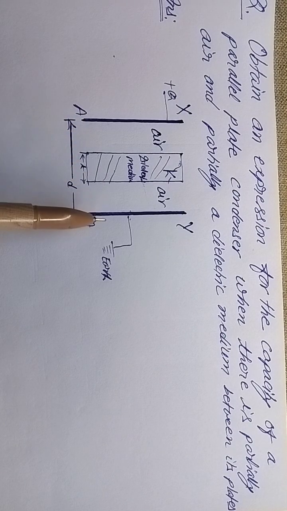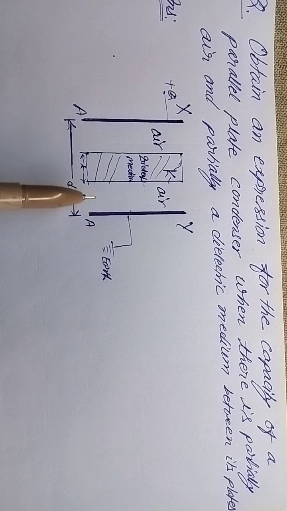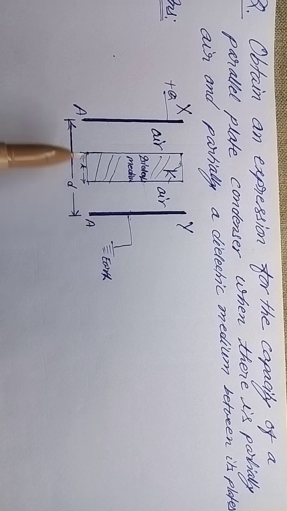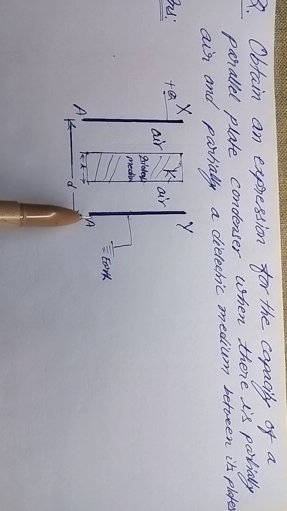The surface area of every plate we should consider capital A. Now the explanation. In the figure, the distance between the plates is d and between the plates there is a dielectric medium of thickness t and dielectric constant K.